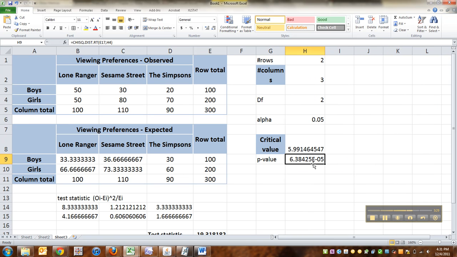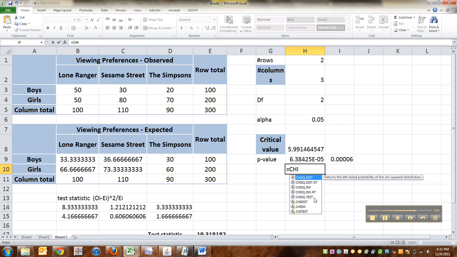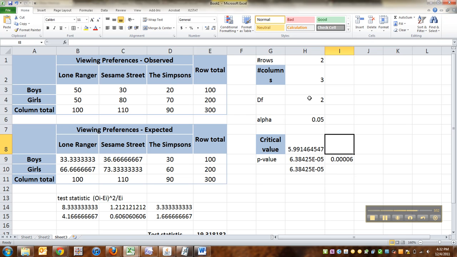So notice that scientific notation, that's 0.00012346, right? One less 0. All right, so that's our p-value. Oh, and again, remember you can find it with CHIDIST, same way. 19.318 comma 2 gives you the same answer. Same thing up here, this would be equal to CHIINV if you have those old versions of Excel. 0.05 comma 2, got it.